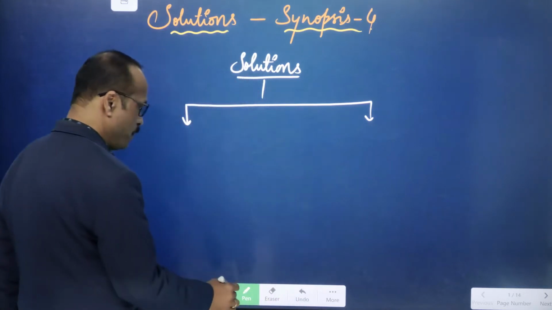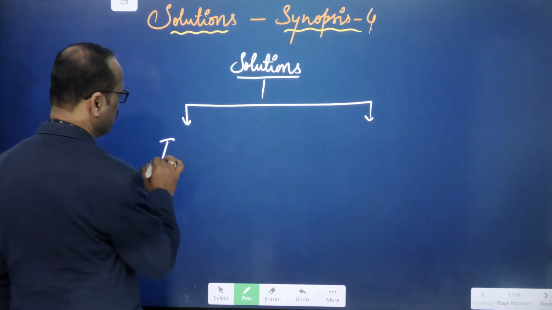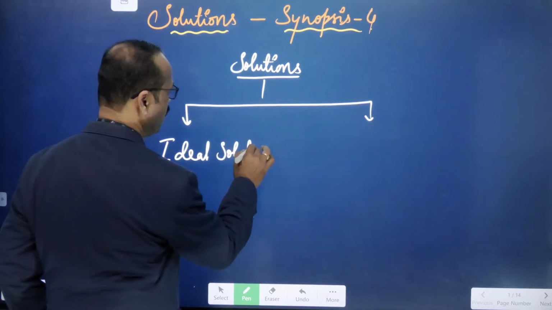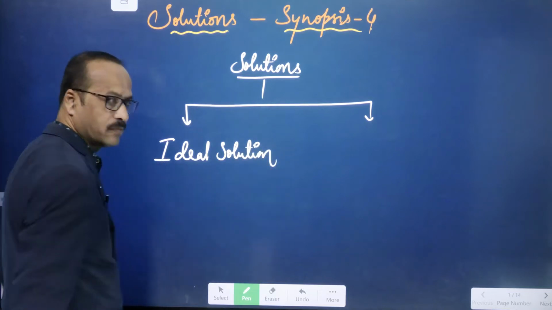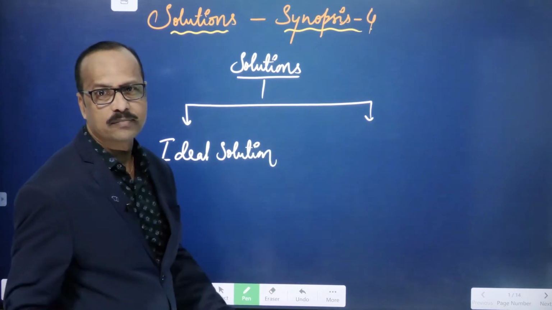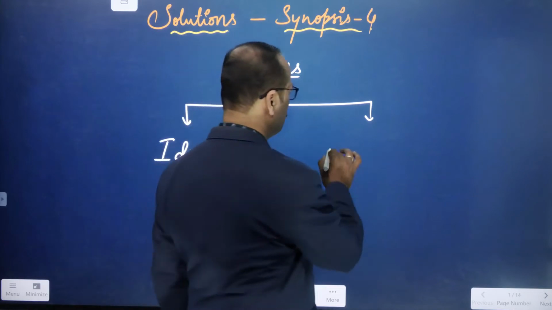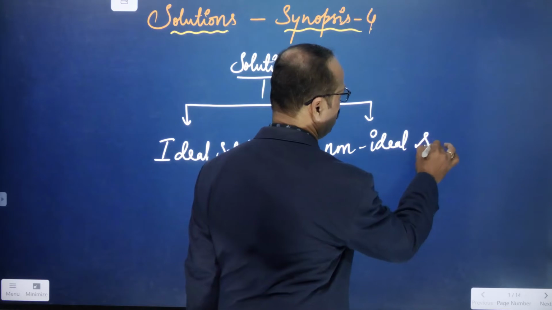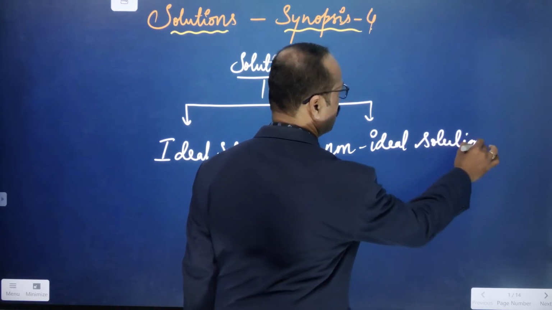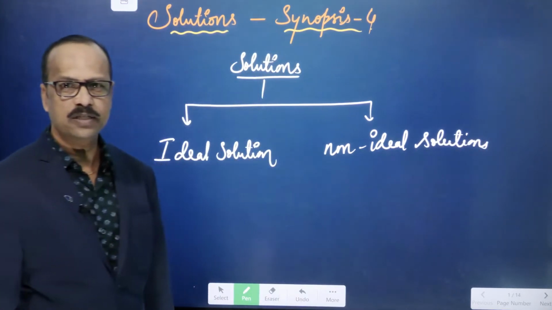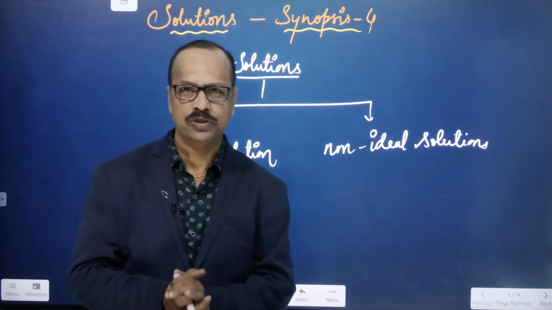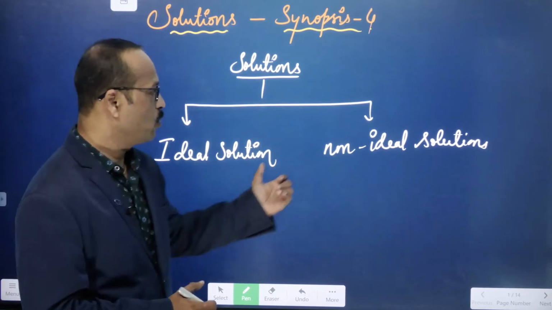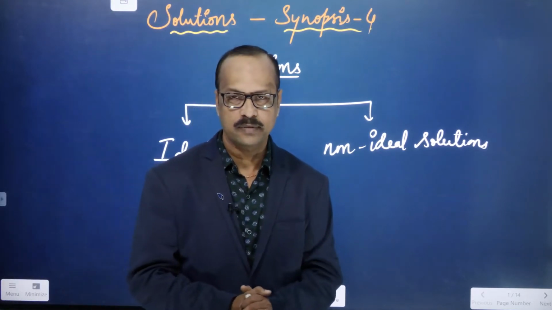One is ideal solutions, and the other is non-ideal solutions. Ideal solutions and non-ideal solutions. Now, what are ideal solutions and what are non-ideal solutions?